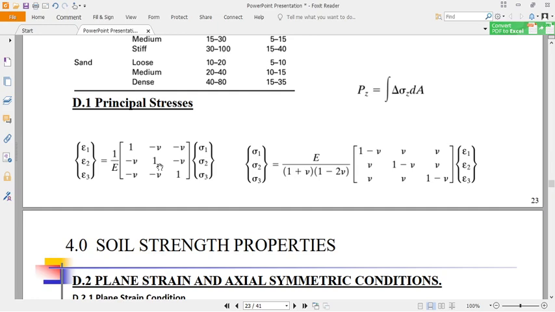Is that okay? Therefore, if you apply a major principal stress, a minor principal stress and an intermediate principal stress, then you exactly get such elastic principal strains. You get what we call the principal deformation. Is that okay?